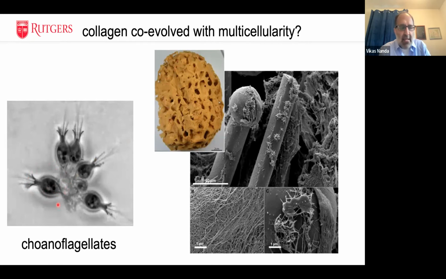And the way that they started making colonies and multicellular organizations was by expressing collagens on the surfaces of their mineralized spicules. And it essentially started as a sticky glue that brought multiple cells together. And then over time, they evolved into more organized structures.